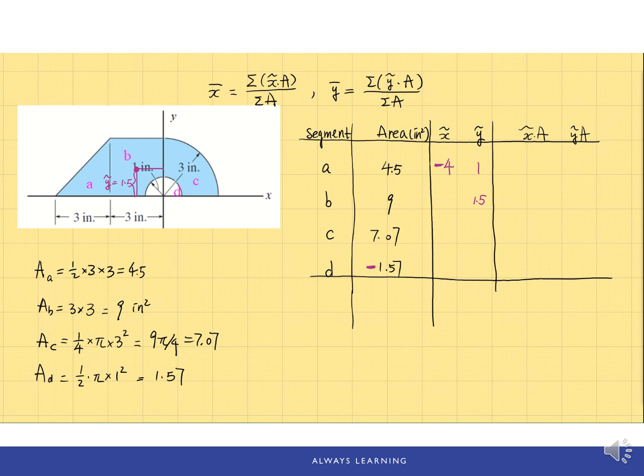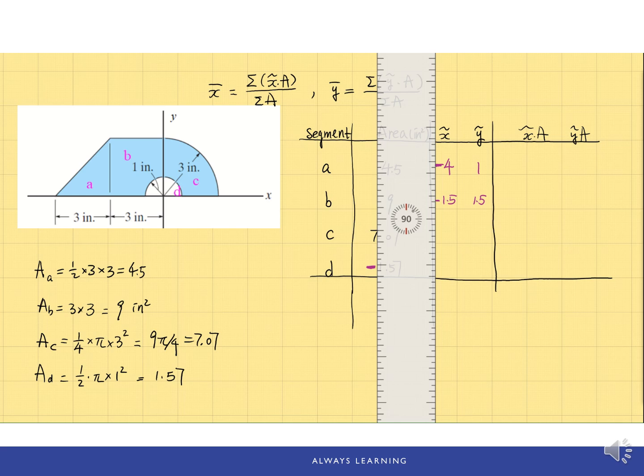The absolute distance from this centroid to the y-axis is half of 3, which is 1.5. But again, we are talking about the coordinates of this point. So this point is to the left of the origin, therefore it must be -1.5. So x tutor is -1.5 for segment B.